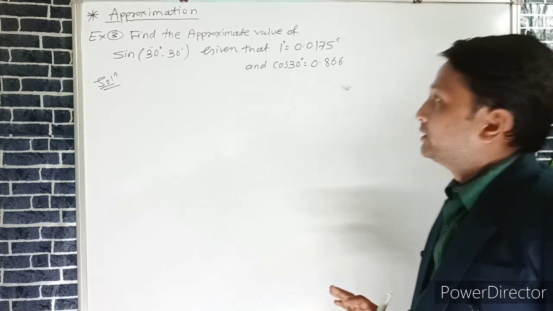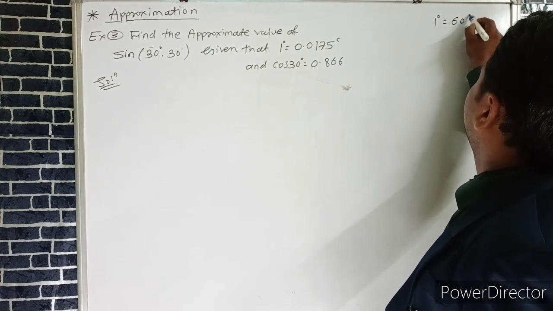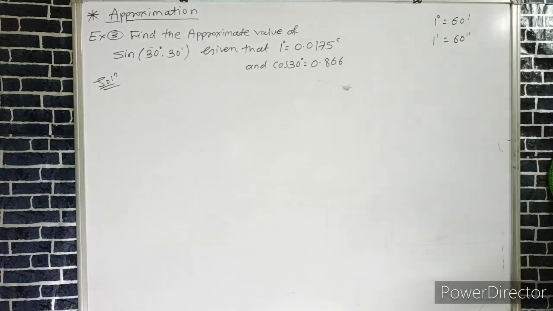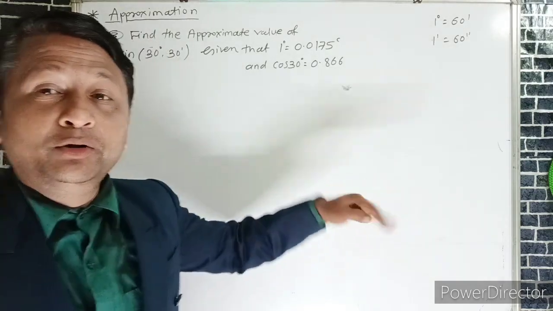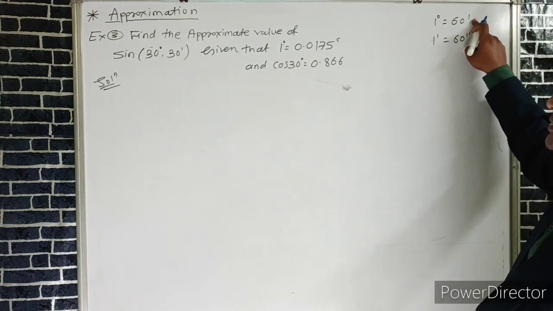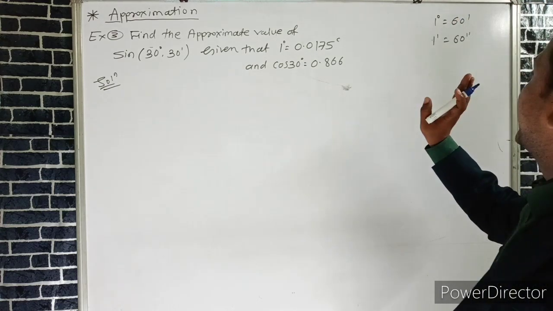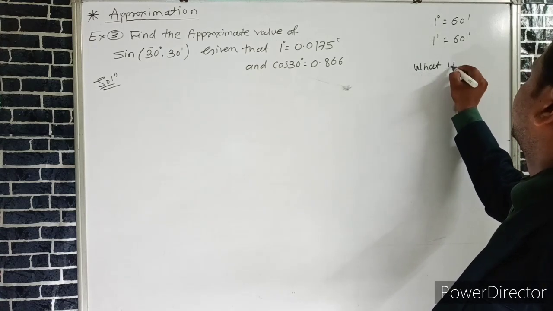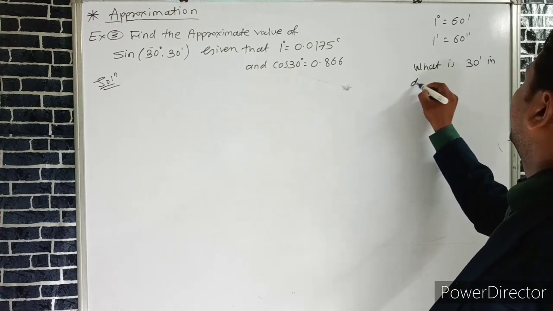First we know that 1 degree is equal to 60 minutes and 1 minute is equal to 60 seconds. If we have to convert any value in minutes into degrees, then we divide by 60. So what is 30 minutes in degrees?